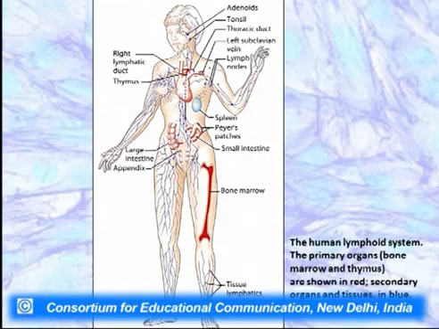Together they are going into almost every tissue of the body. So, technically, lymph which flows through these organs and capillaries is bathing every tissue of the body and taking care that any antigen which comes to any tissue will be taken care of by the lymph present there.